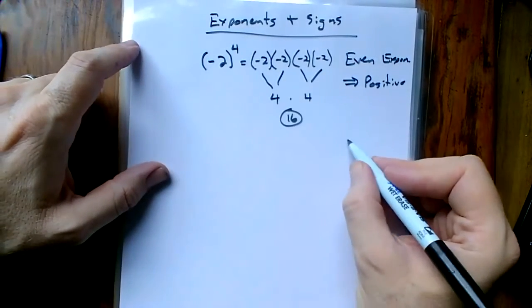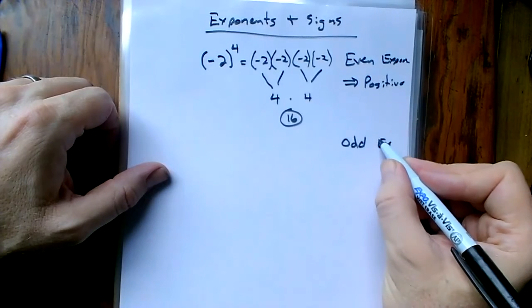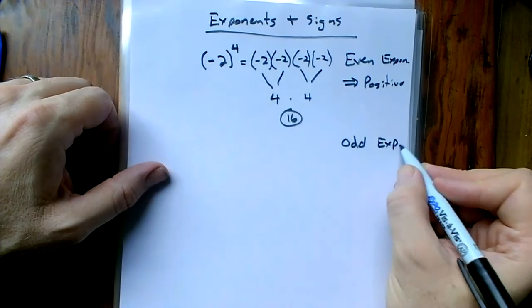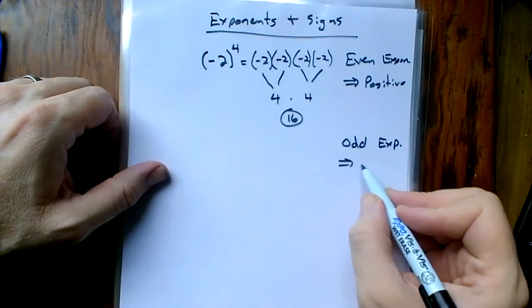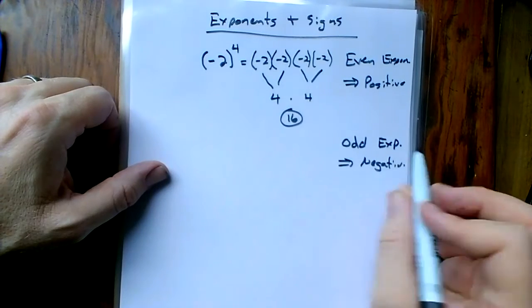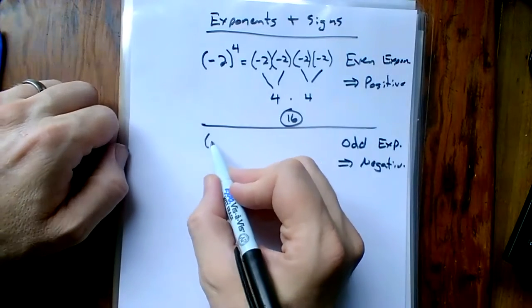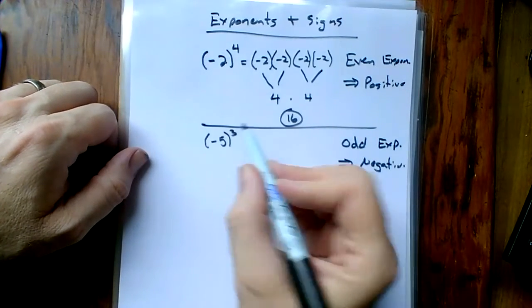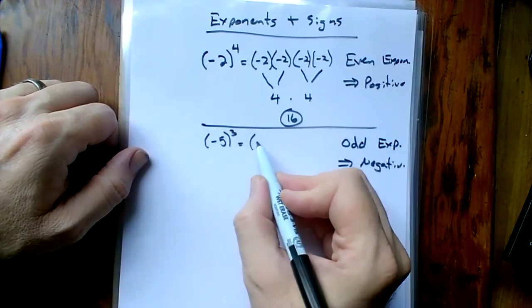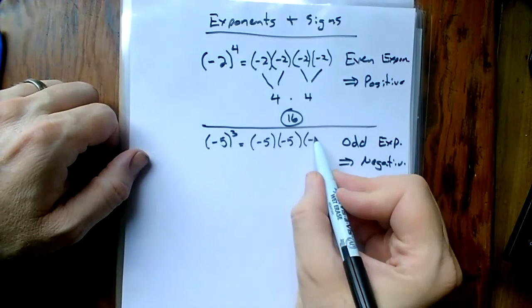Now, if I've got an odd exponent, so not a multiple of 2, then my result would be negative. Say I've got negative 5 to the third power. This would be negative 5 times negative 5 times negative 5.